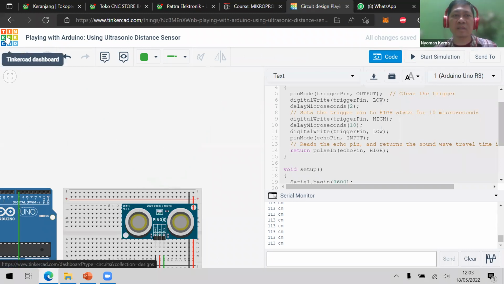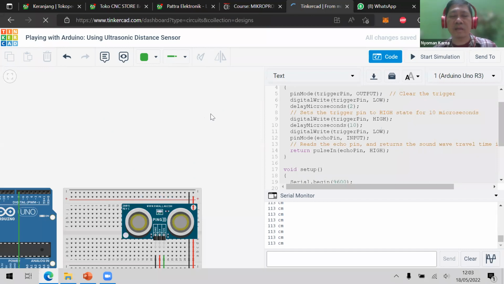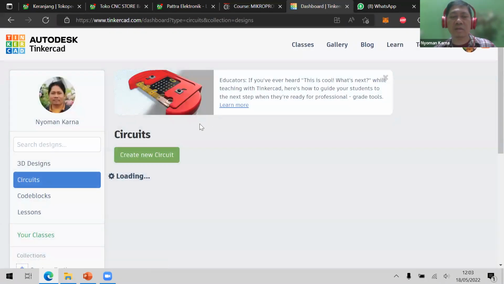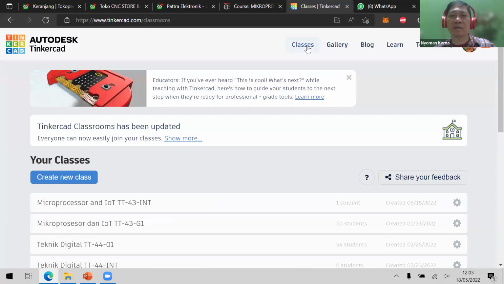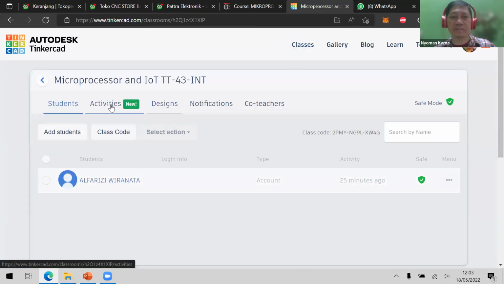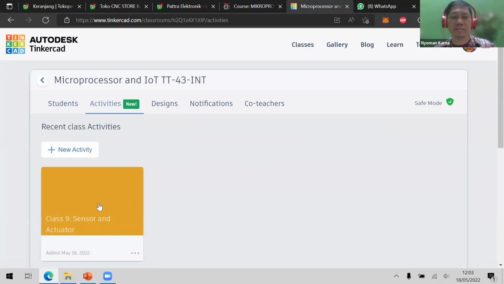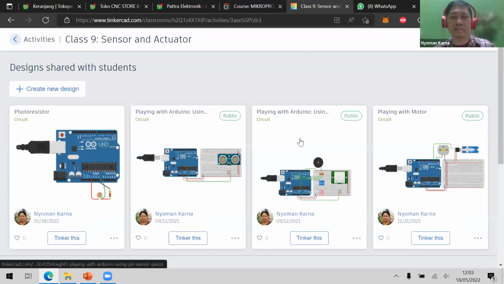Now let's try the second sensor, which is the PIR sensor, the passive infrared sensor. This is the passive infrared sensor.